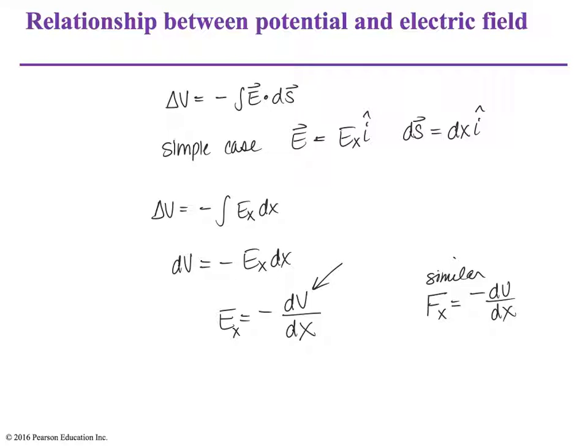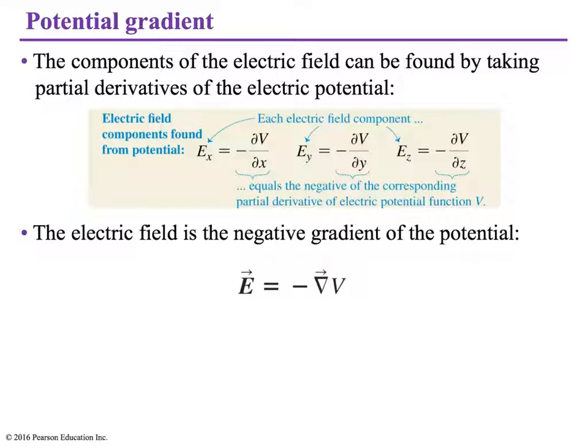And in that situation, we also made it a little bit more general, where we looked at cases where we moved in different directions if we had the possibility of a component in the x and the y and the z direction. These derivatives turn into partial derivatives because we're only looking at how it changes in the respective direction. And so this allows us, given an expression for potential, another way to find the electric field.